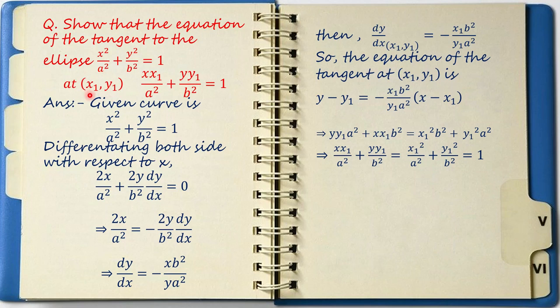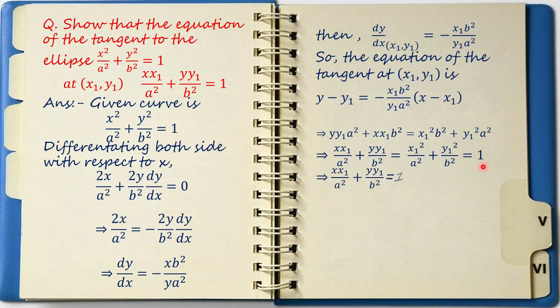Now check this point of contact (x1, y1). At that point we need to find the equation of the tangent. It's lying on this curve, that is, it's lying on this ellipse. That means this point satisfies the equation of the ellipse. If we put (x1, y1) into the equation of the ellipse, we find x1 square by a square plus y1 square by b square, and this value should be 1.